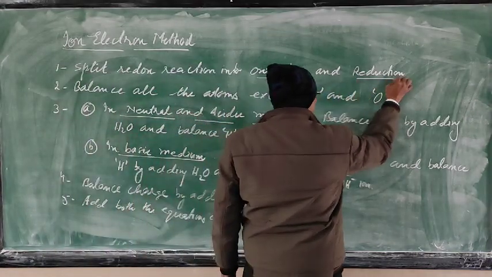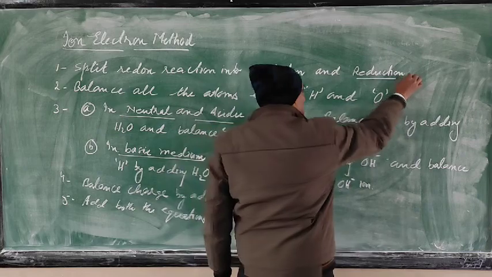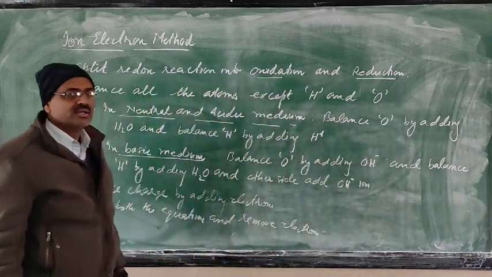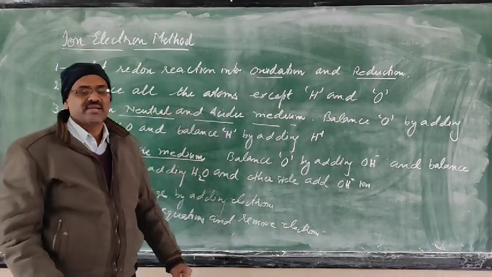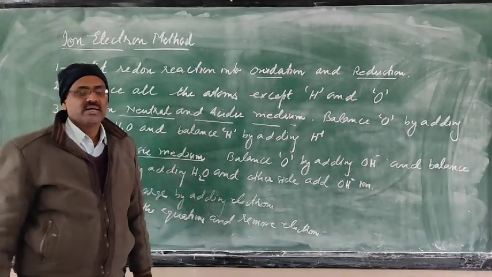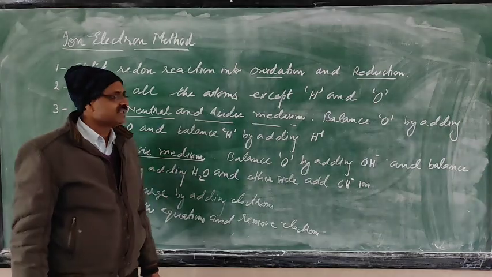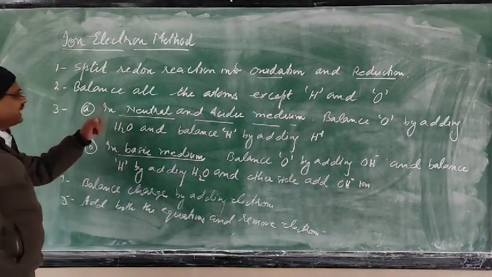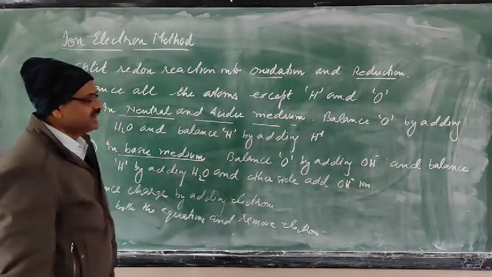The meaning is that whatever reaction is given to you, just see where oxidation and where reduction takes place. So that reaction you split in two parts, one oxidation and the other reduction. Then balance all the atoms except hydrogen and oxygen.